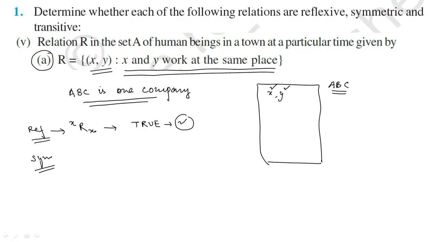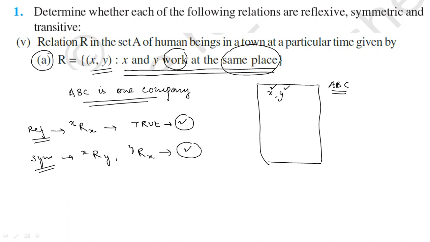If I am talking about symmetric, X is in relation to Y and Y in relation to X. Both are true because both lie in the same company. Here, the working place is important. Work at the same place, nothing else. If both the variables lie in the same place, then the answer is true.